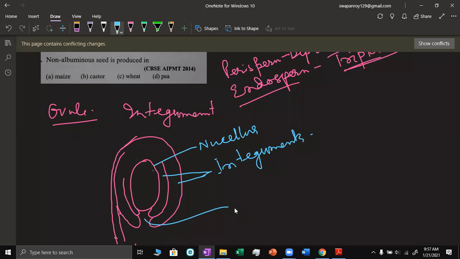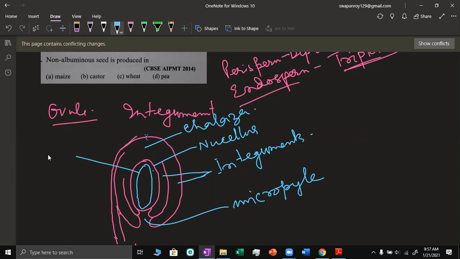This one is the micropyle, and this end is called the chalaza. Within this nucellus develops the embryo sac, also known as the female gametophyte.